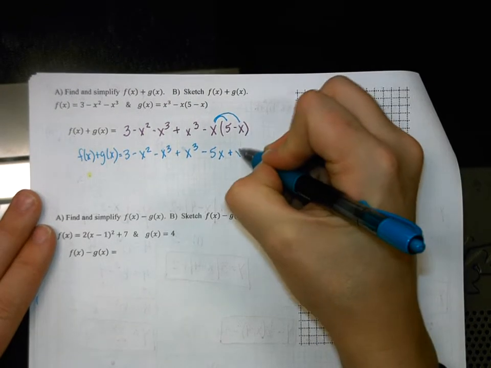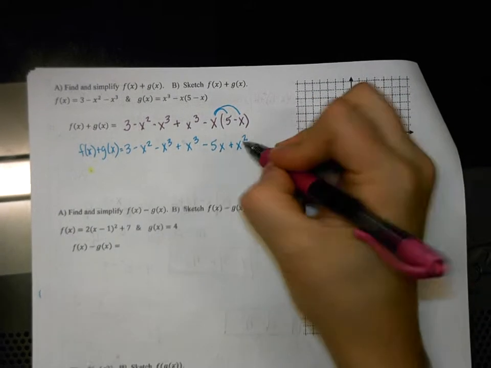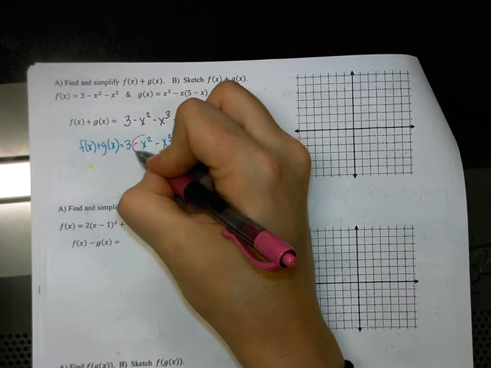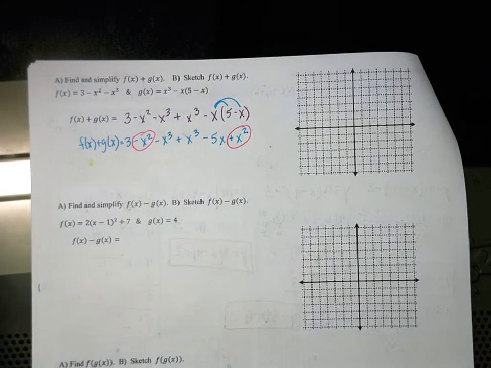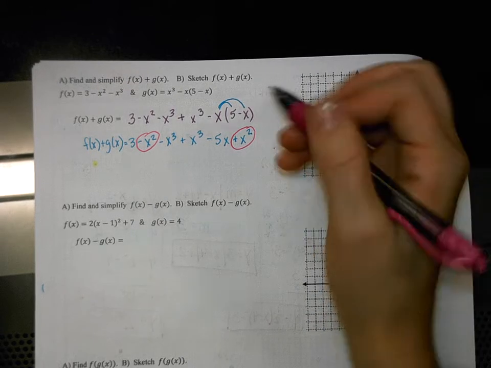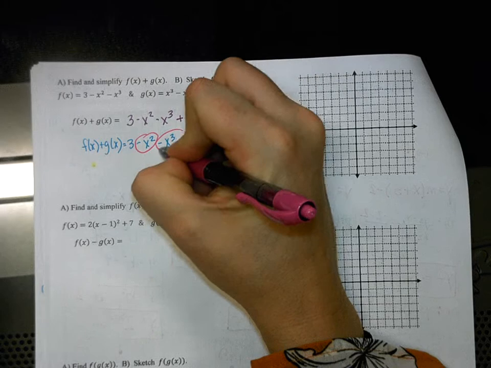Very good. Positive x squared. So I have some 0 pairs, which just means they add up to 0. They're opposites. Positive x and negative x squared add up to 0. Negative x cubed and positive x cubed also add up to 0.